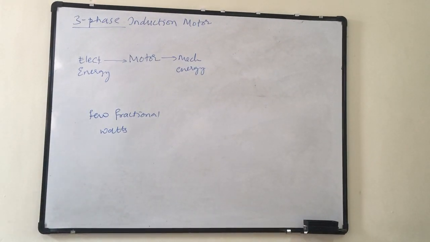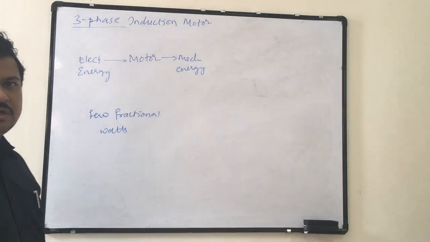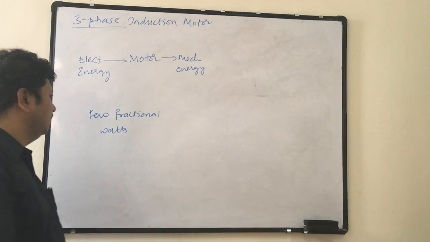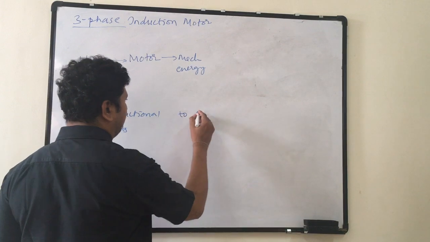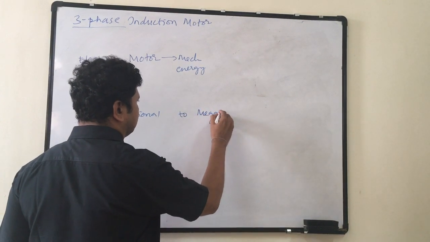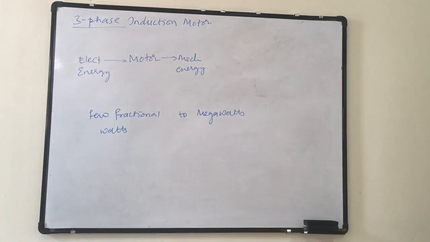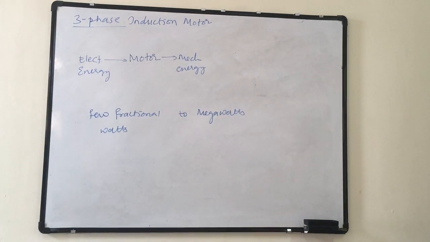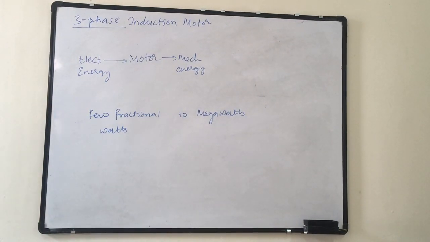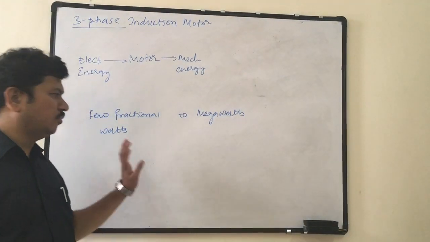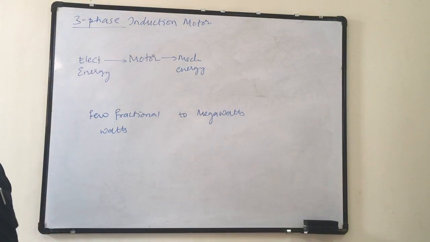The capacity of that motor is very small, not even 1 watt, less than that. And I can have megawatt range where there is a large irrigation or water pumping application, or in processing industry, in roller mills. Generally I am talking about motors, not specifically the induction motor.